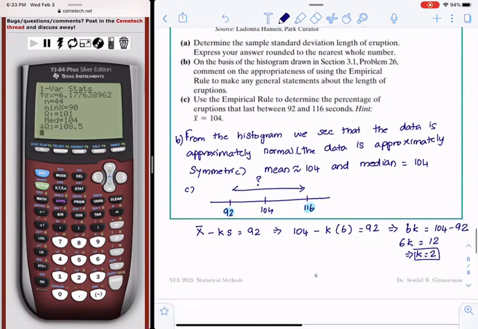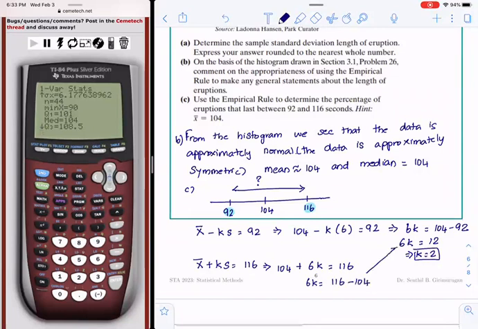So let's see if x bar plus k times s equals 116 gives us the same k. x bar is 104 plus 6 times k, where 6 is the standard deviation, equals 116. 6k would be 116 minus 104, which is 6k equals 12, and we end up getting k equals 2.